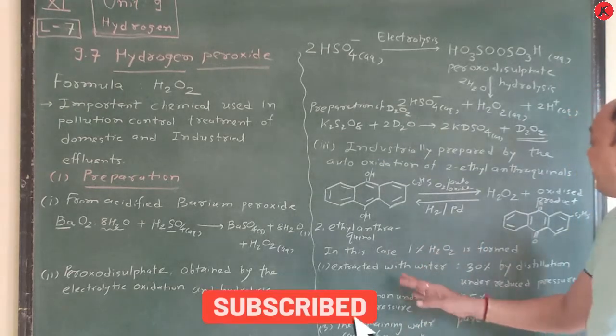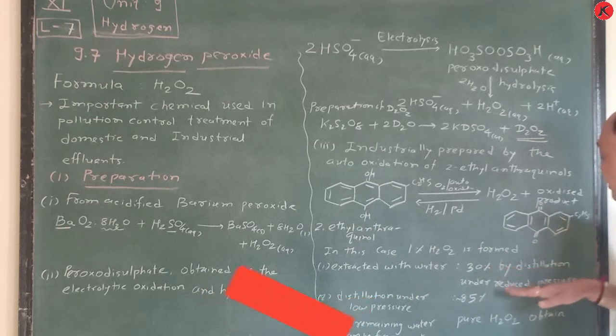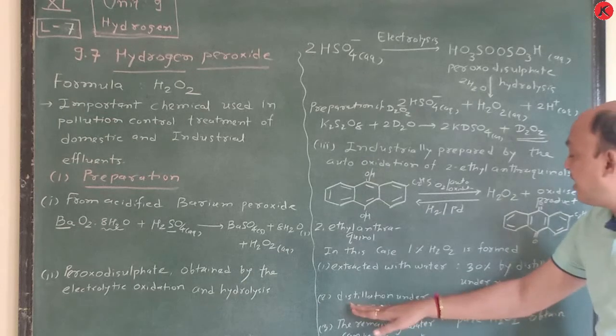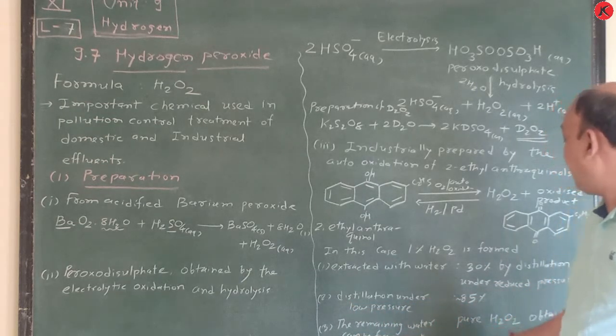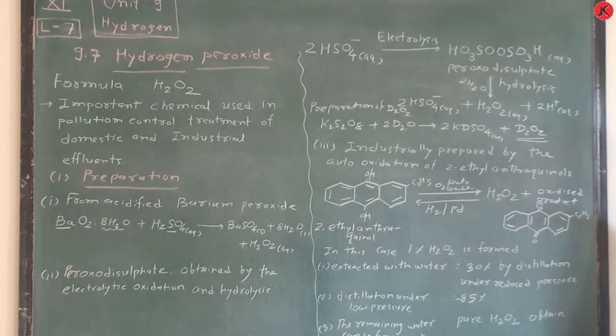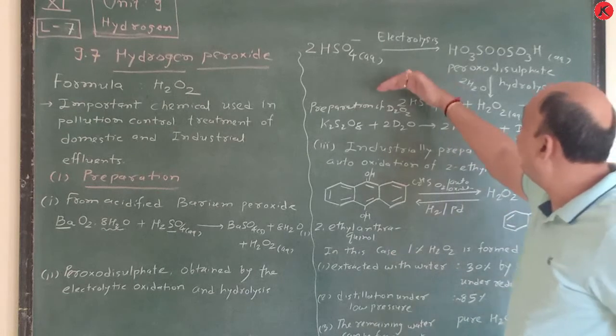But this is very important: extracted with water gives 30% by distillation under reduced pressure, distillation under low pressure gives 85%, the remaining water can be frozen out, so pure H2O2 is obtained. That's why this preparation is very important.